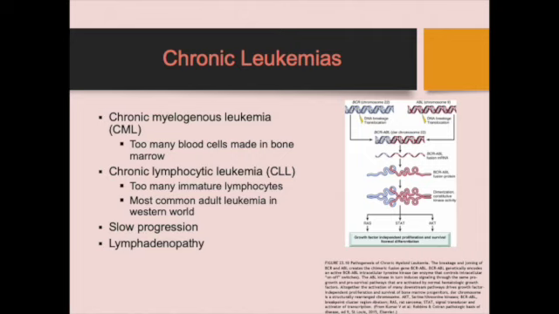If you think about CML in terms of disease in adults, it is more likely, but it also can occur in children and adolescents. However, the peak incidence is really in the 50s and 60s, and individuals with chronic leukemia have a longer life expectancy, usually extending several years from the time of the diagnosis.